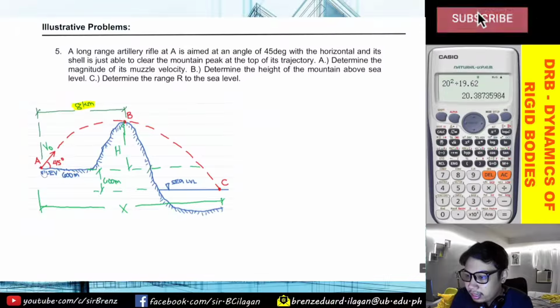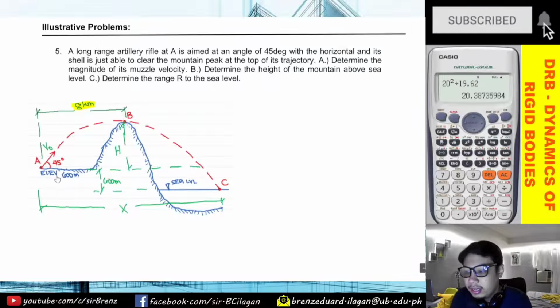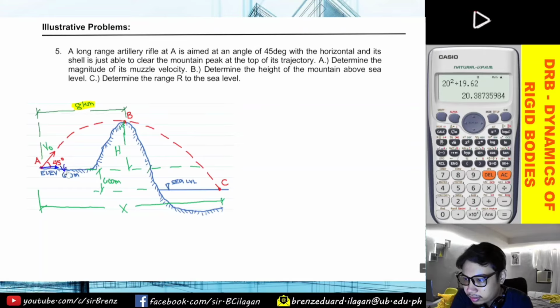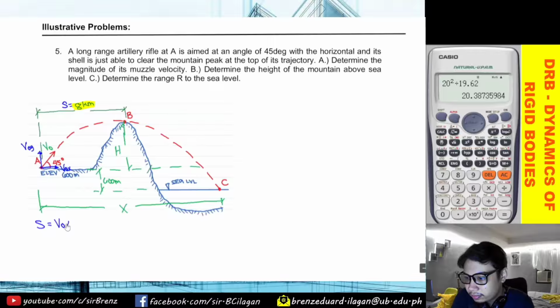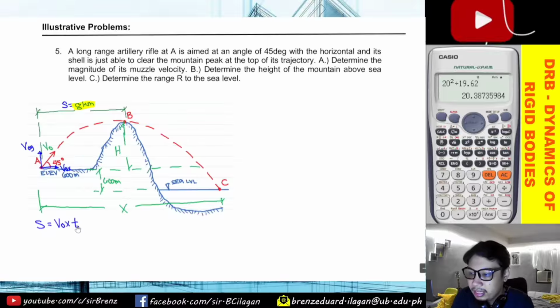Di ba alam natin na along the x-axis constant lang yung velocity mo, wala kang acceleration. So again, this is 8 kilometers. So ito, kunin na natin yung kanyang x component, Vox, and then ito as Vo sub y. So S, iset ko na lang to as S. So yung S mo is equals to Vox multiplied by the time, t.